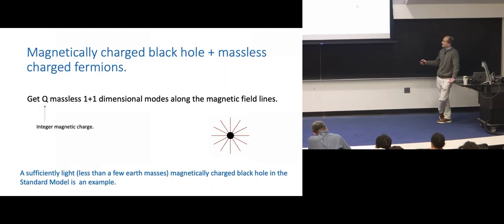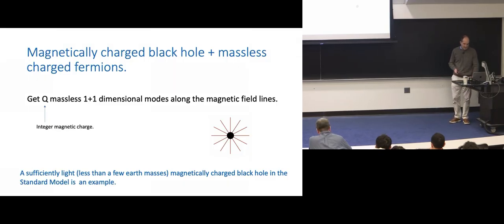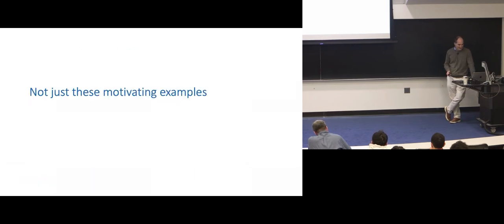In this situation, if the magnetic black hole has charge Q, there are Q massless fields that move along the radial direction. An example of this would be a magnetically charged black hole with monopole magnetic charge that has some mass below a few Earth masses, so from, let's say, a gram to Earth masses.